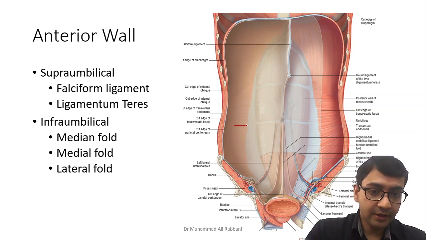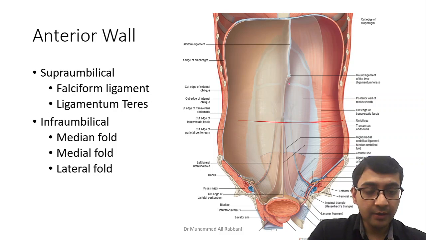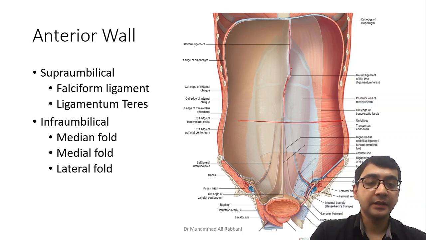Here you can divide it into two parts at the level of the umbilicus, the part above the umbilicus and the part below. The part above the umbilicus has a single fold of peritoneum in the midline, known as the falciform ligament. It joins the anterior surface of the liver to the inner aspect of the anterior abdominal wall.